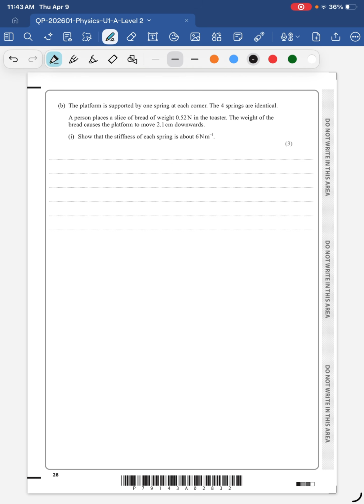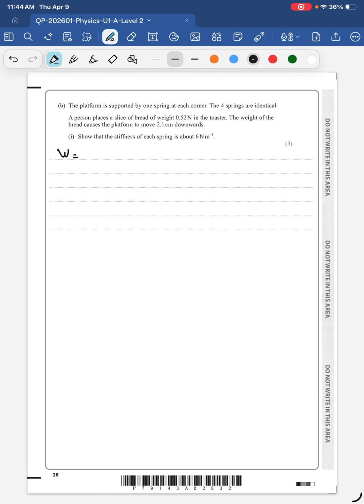Part B. The platform is supported by 1 spring at each corner. The 4 springs are identical. A person places a slice of bread of weight 0.52 newtons in the toaster. The weight of the bread causes the platform to move 2.1 centimeters downwards. Show that the stiffness of each spring is about 6 newtons per meter.